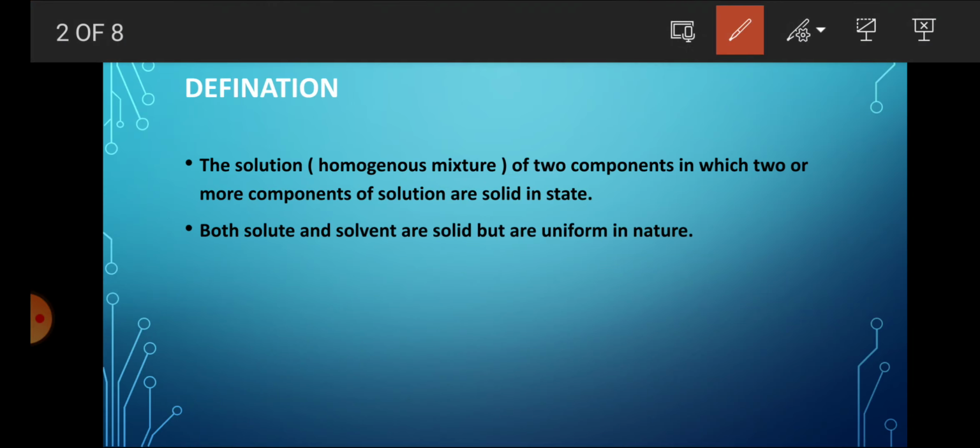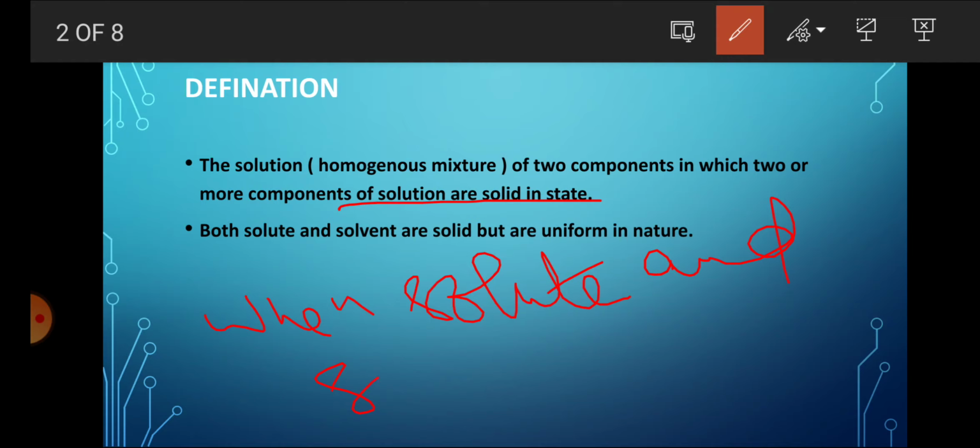Solid solution means that the two components of the solution, solute and solvent, are both in the solid state.